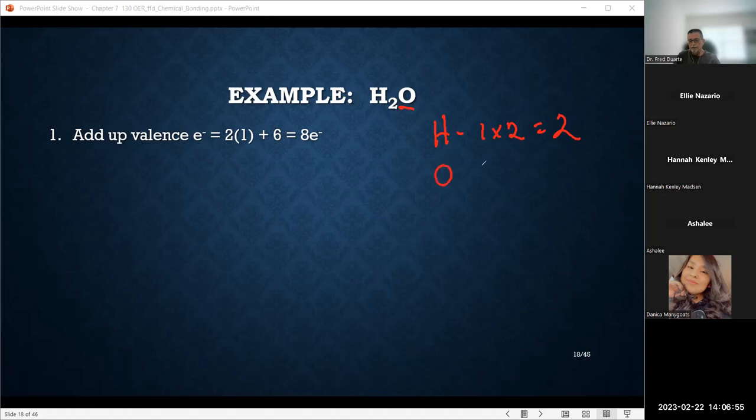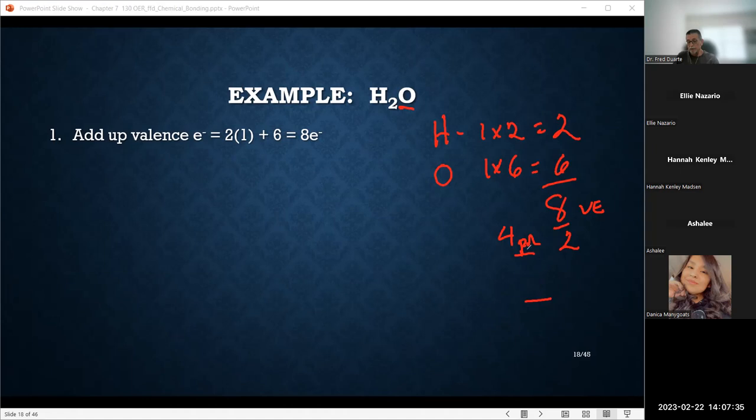Oxygen, there is 1 oxygen atom, and it is in group 6. So there's 6 valence electrons coming from the 1 oxygen. So we have a total of 8 VEs, valence electrons. That number that you tally up should be divisible by 2, and that tells me I got 4 pairs. And the reason I do that is because now I can draw lines to represent a pair.